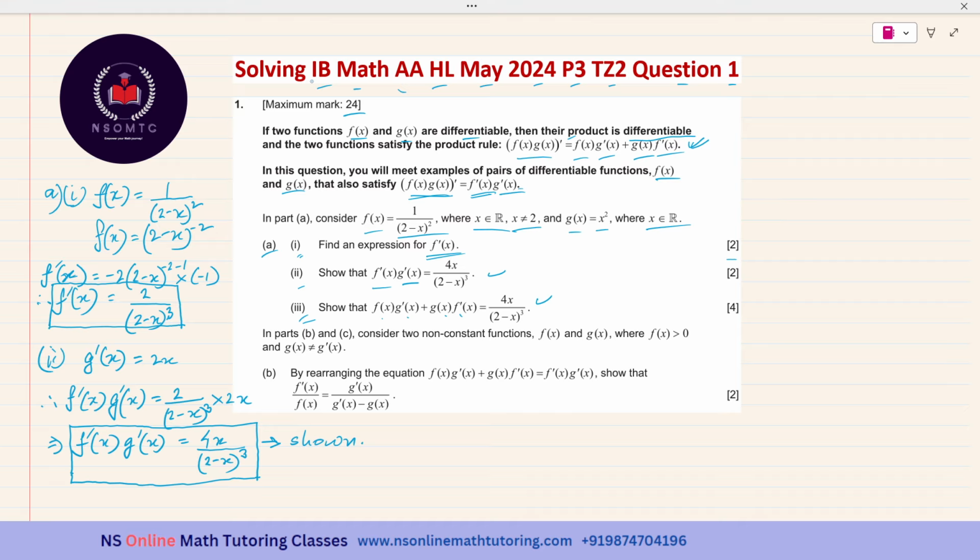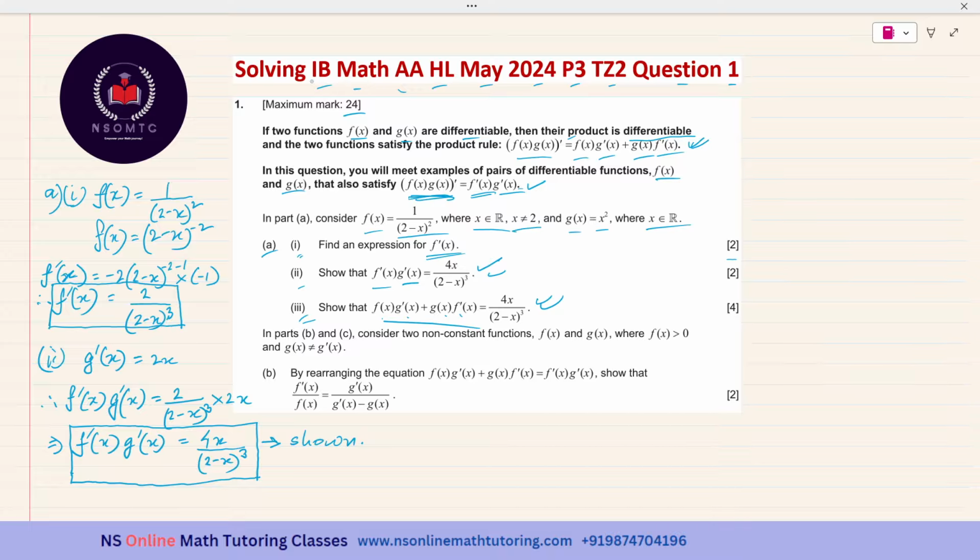So they are trying to prove that this will also be equal to this one. We have got the expression of f dash x times g dash x, and now we will be getting the expression of this part, and we will be showing that these two expressions are the same.